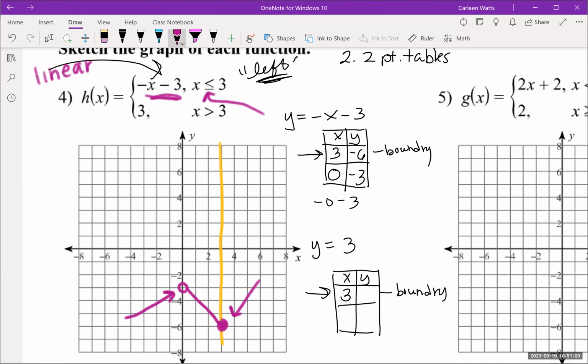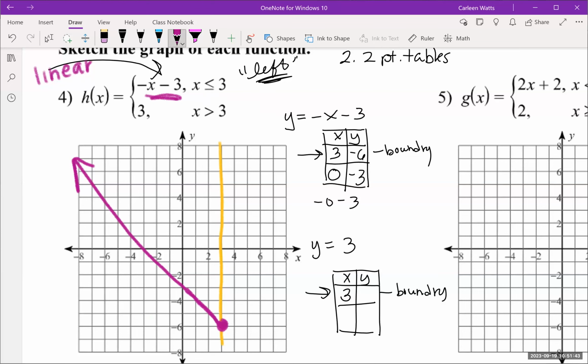Does it stop, or actually is it going to keep going to the left forever? Is this to the left of 3 forever? Yeah. Forever. Do we see that this looks like that forever? Closed circle to the left. Oh, look, this also looks like left. To the left of 3, to the left of x equals 3 forever.